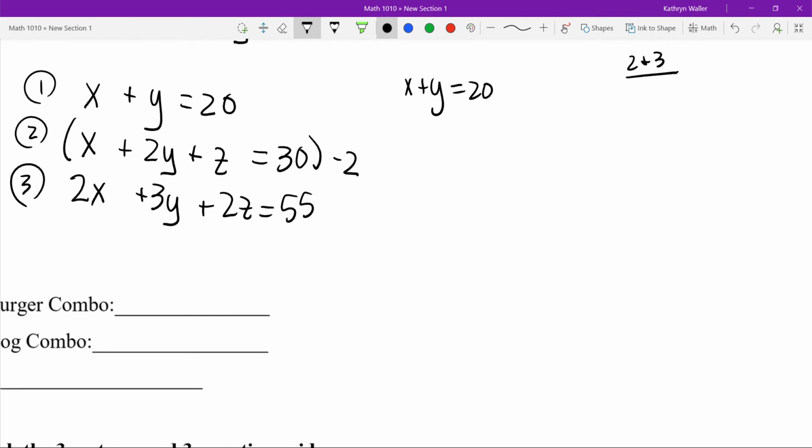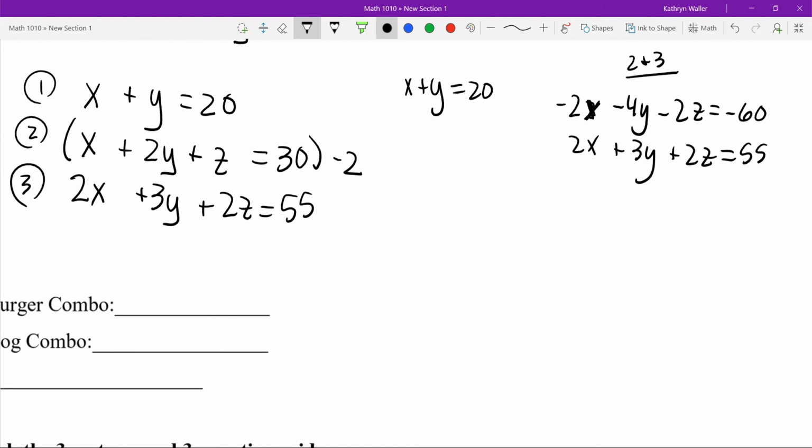If I multiplied by a negative 2, I'd have a negative 2Z and a positive 2Z. So I'm going to go negative 2X minus 4Y minus 2Z equals negative 60. Then I'm going to write down 2X plus 3Y plus 2Z equals 55.